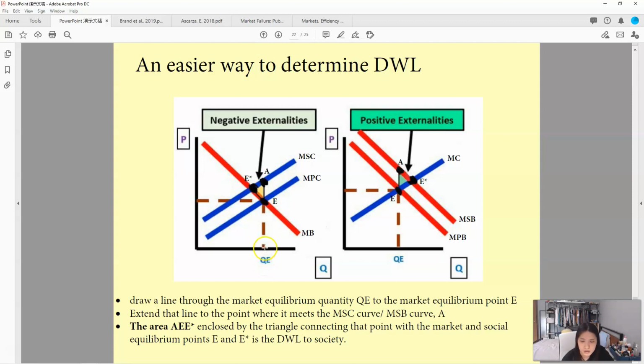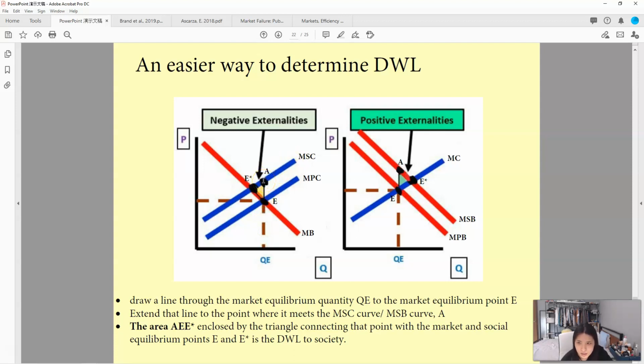We note it as QE, and we connect QE and E. Extend this line to the marginal social costs, and intersect this line with the marginal social costs.